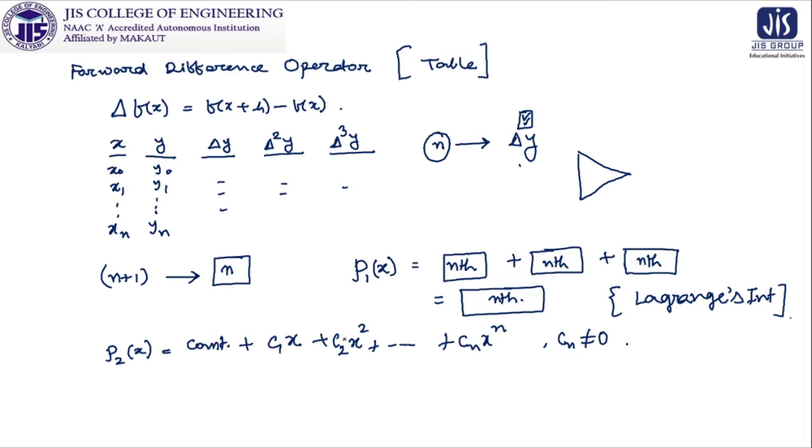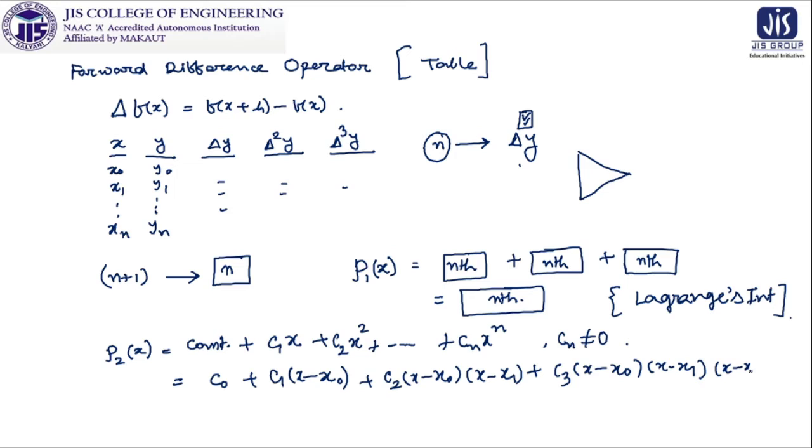And in the construction of this particular polynomial, I can use the linear factors like c0 plus c1 times x minus x0, plus c2 times x minus x0 times x minus x1, plus c3 times x minus x0, x minus x1, x minus x2, and so on. So you can see that the terms are actually of 0th degree, then first degree, then second.